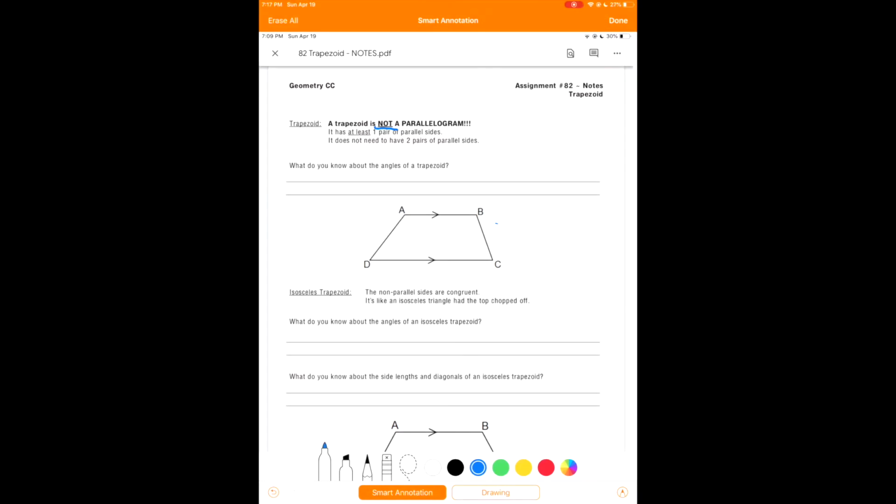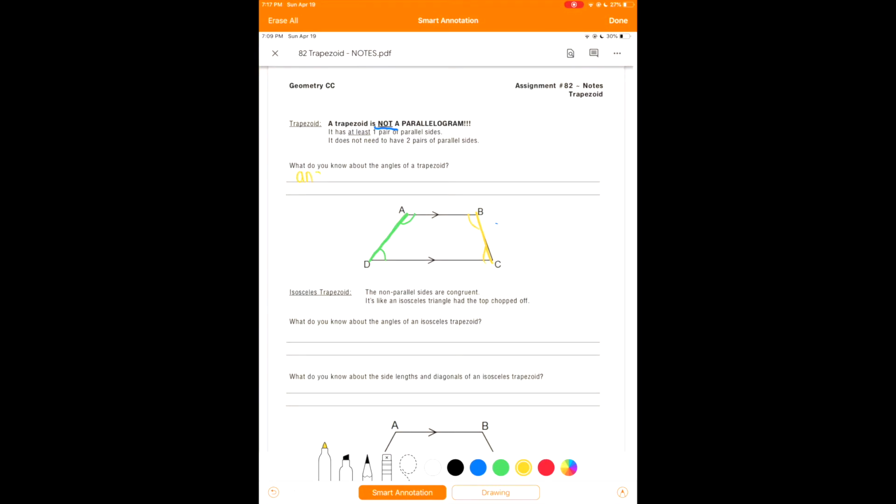So what you want to notice when you're looking at angles inside a trapezoid is angles on the same leg are supplementary. So that means that D and A are going to add up to 180, and then that also means that B and C are going to add up to 180.